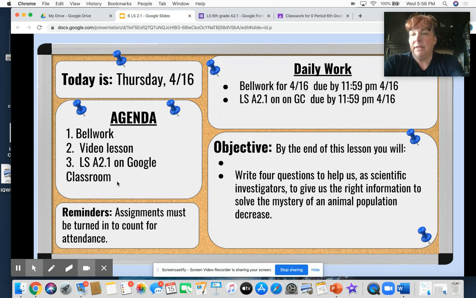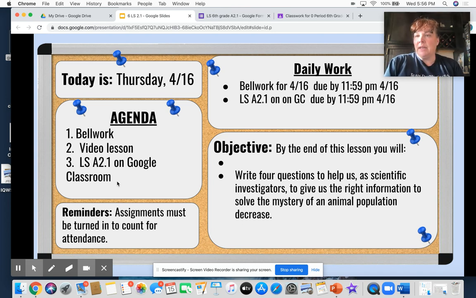By the end of this lesson, you are going to be writing 4 questions to help us, because we are going to be scientific investigators, to find the right information to solve the mystery of an animal population decrease. Yesterday in the reading, we learned about something similar. There's a population decrease in the sheep.